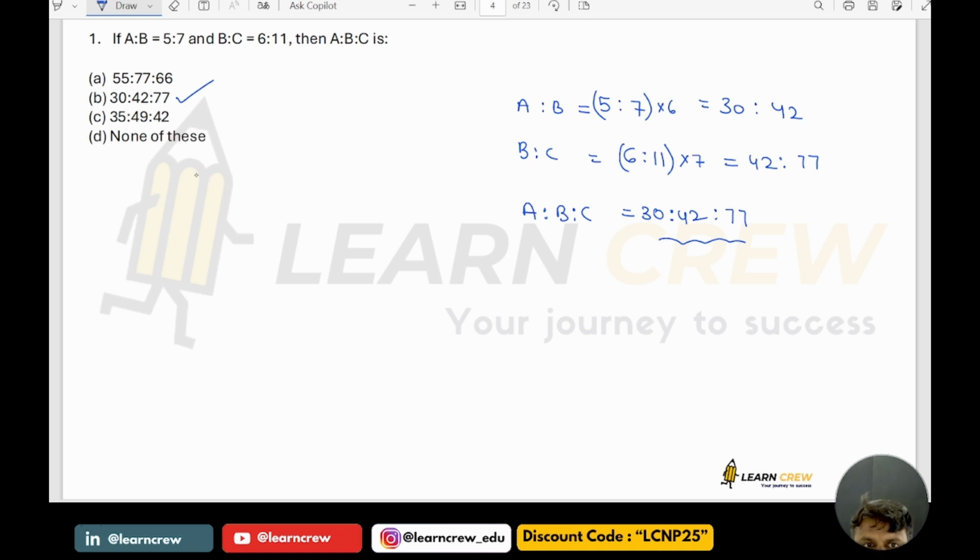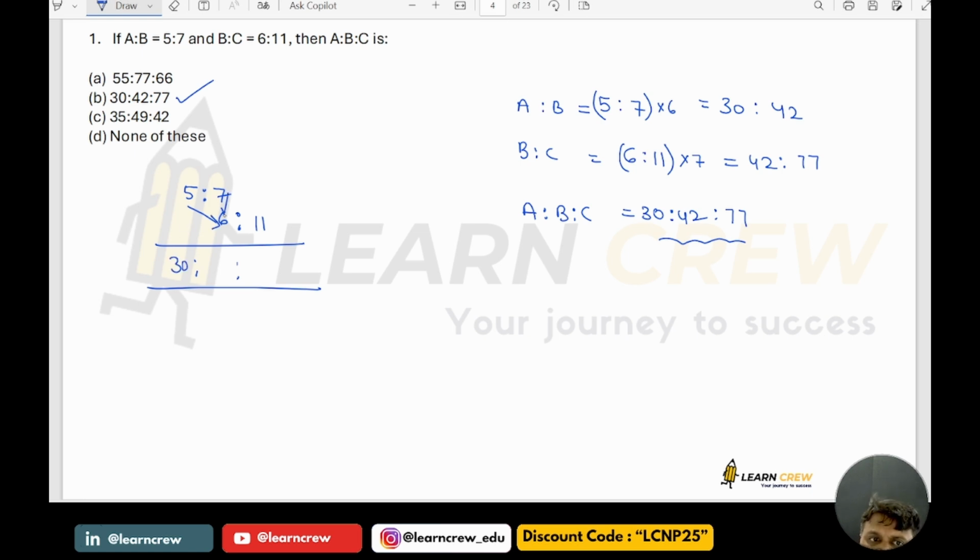Now see a simple trick here. A is to B is given as 5 is to 7. This is A, this is B. Below B, write the value of B, 6 is to 11. Now you get three values, A, B and C. How do you get the first value? You multiply these two: 5 into 6, 30.